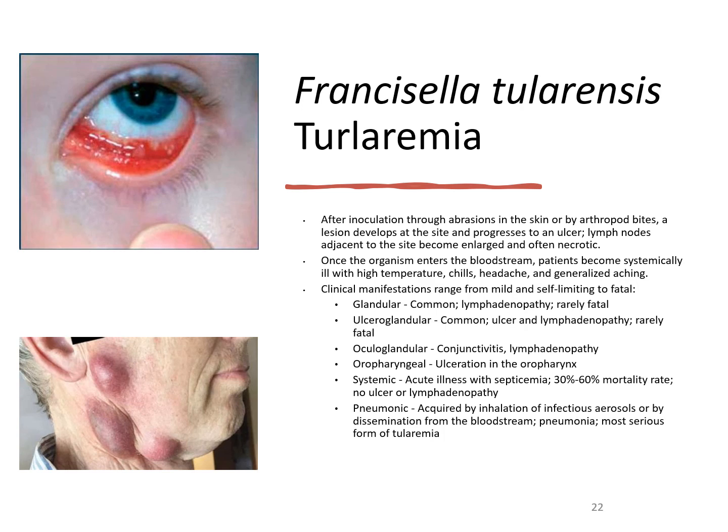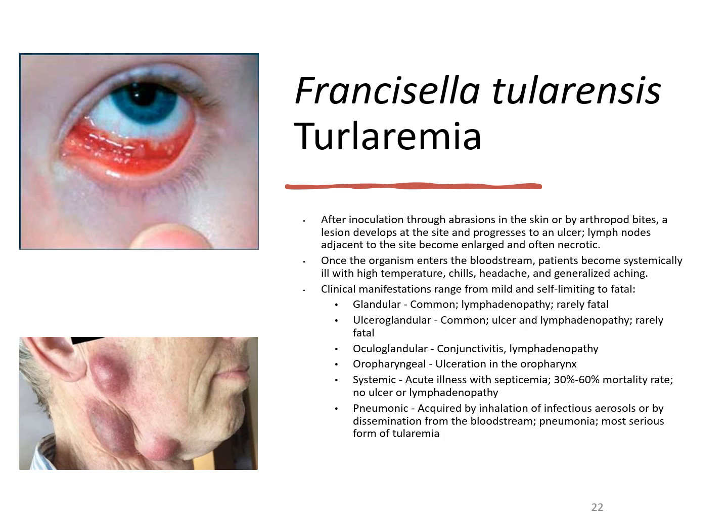Once the organism enters the bloodstream, the patients become systemically ill, so they'll have a high fever, chills, headache, body aches, and then depending on how it affects the patient, it can range from very mild, self-limiting symptoms to very fatal symptoms. And so it does have different ways that it presents.